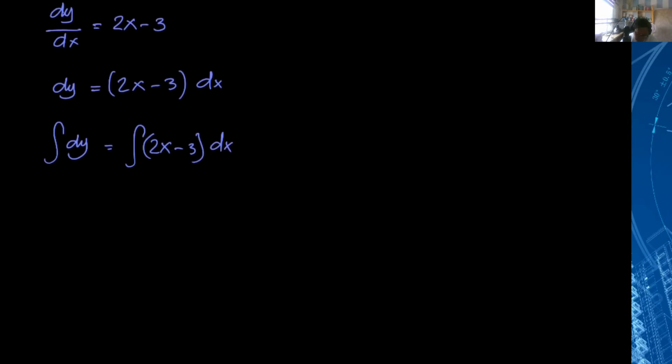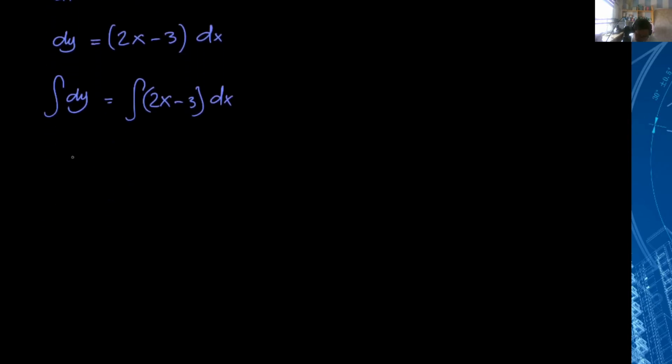This is going to be y plus c1, because on the left there is also a constant of integration, but as in our previous discussion, we already combined that. Next, 2x squared over 2 minus 3x plus c2.